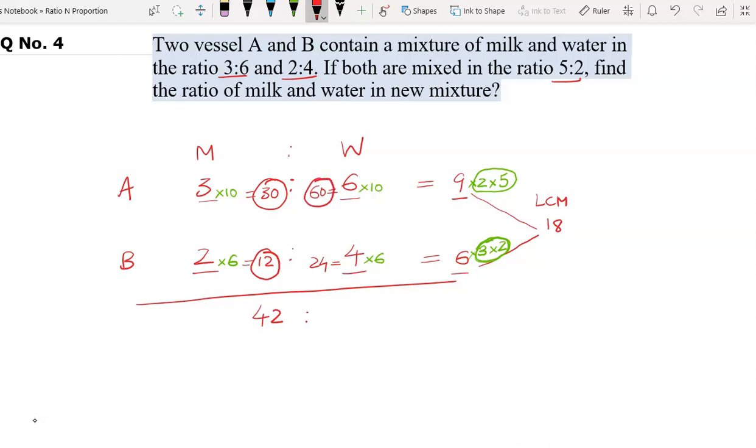And in vessel B, water is 24. So 60 plus 24 will give us 84. Now 42 ones are 42, 42 twos are 84. So in the new mixture, milk and water will be in the ratio of 1:2. And this is our answer.